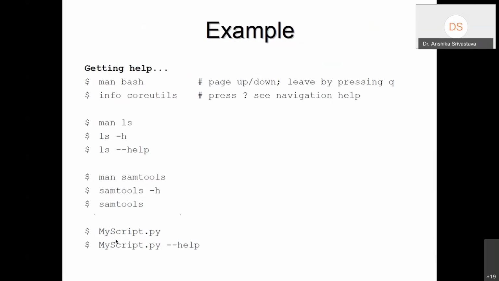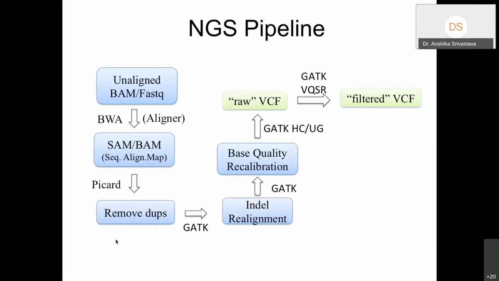So SAMtools will pop out all the scripts or bash scripts I could use in fiddling around with my data sets. So there's always a help command, and it is a command line that you can mostly use for major computational biology software. So let's talk about the NGS pipeline.